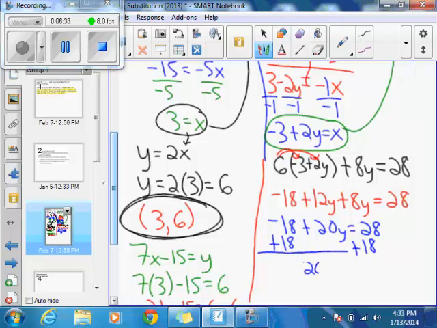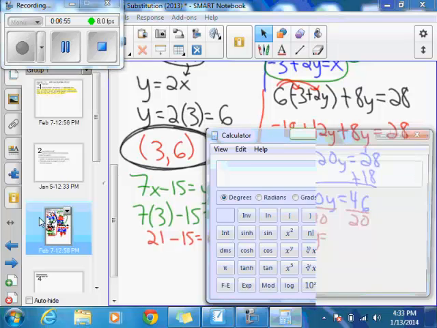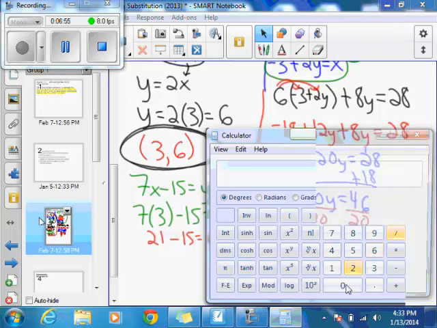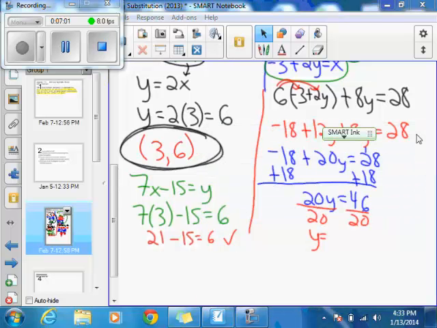So we get 20y equals 46. Okay. Divide by 20. We get y equals, and let's go decimal here. Calculator. See what 46 divided by 20 is. 2.3. So let's use 2.3 for that.